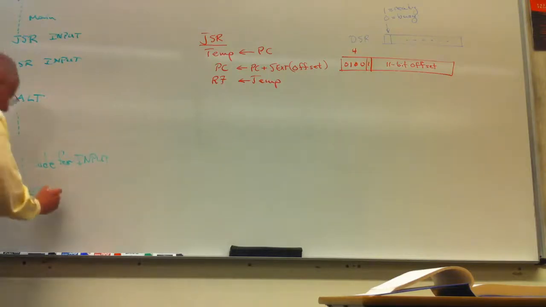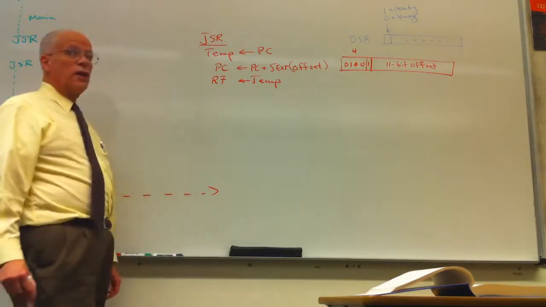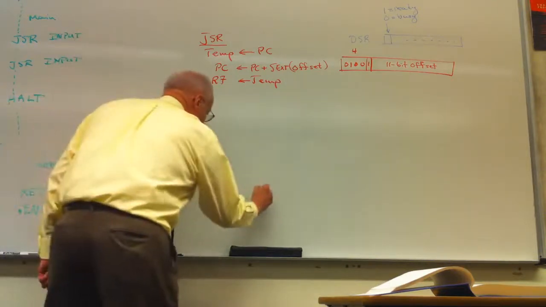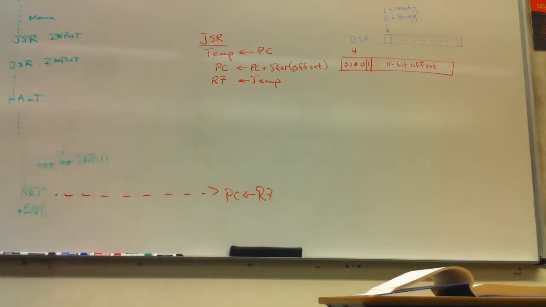Because when you get down to this thing, it does only one thing. It copies register 7 into the program counter, and that's all it does. Okay? RET assumes that the return address is in register 7.